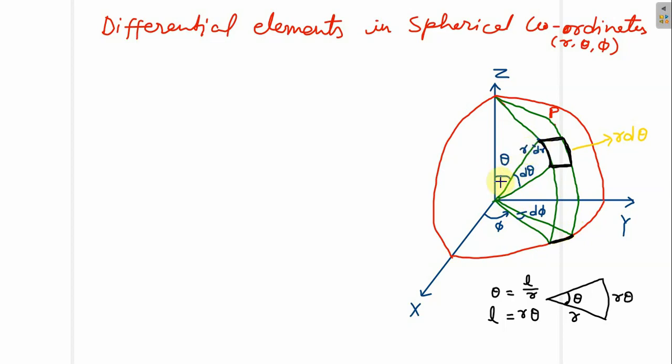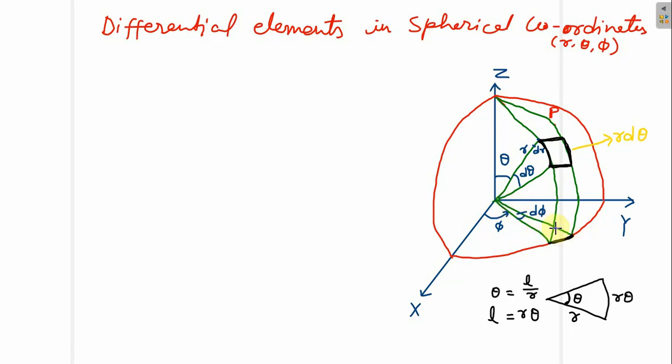If I resolve it into the two rectangular components, on z the component will be r cos theta. So obviously it is making 90 minus theta with this projection, so this length will be your r sin theta.